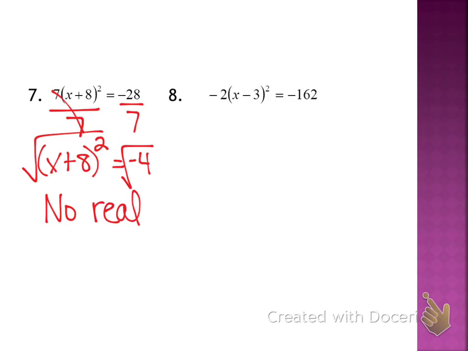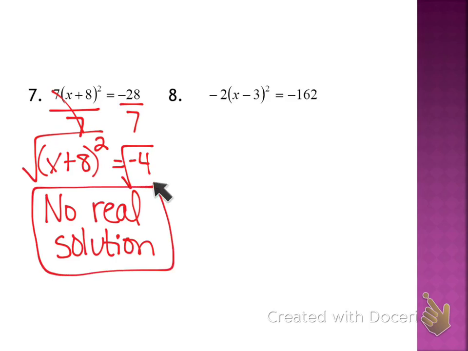Now, if at this point you forget to put the word real in there and you put no solution, I would be okay with it. Technically, there is a solution. It's just imaginary or complex. So it's something we haven't learned yet. So if you're trying to square root a negative number, there is no real solution.